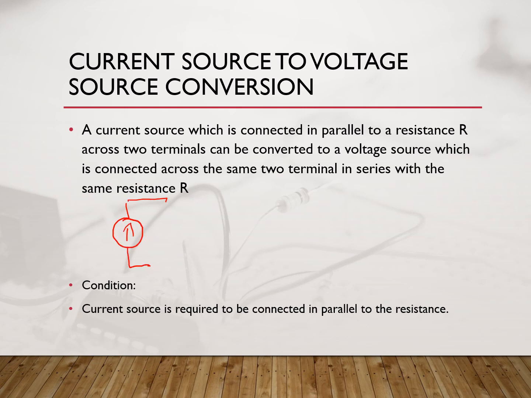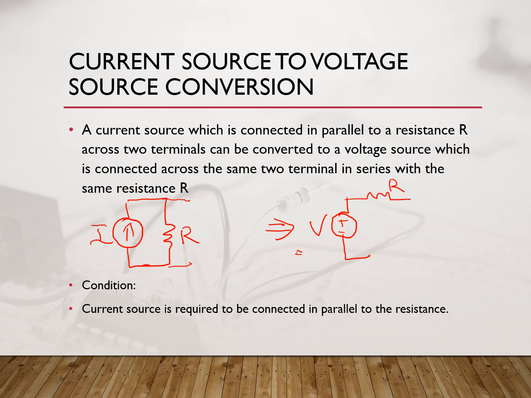A current source is normally represented with a resistance in parallel to it. So this is your current source, and these are the terminals, suppose. The current can flow through the resistance providing a voltage drop equal to I into R. So when you convert this into an equivalent voltage source, this becomes V with resistance R in series with it.